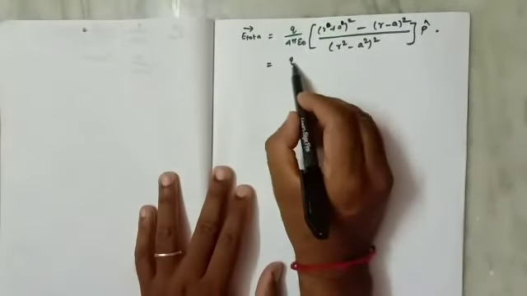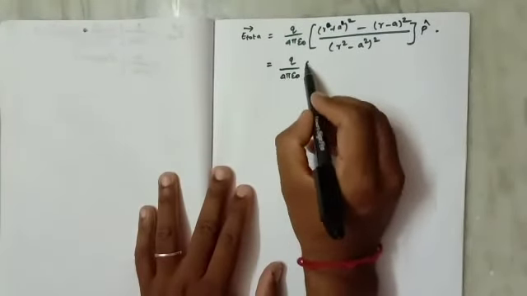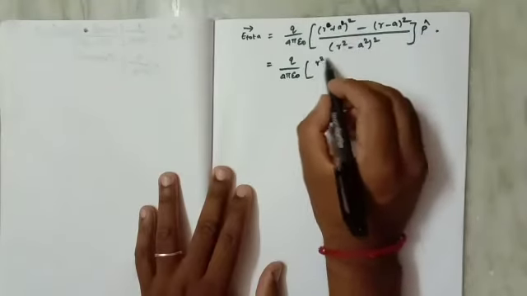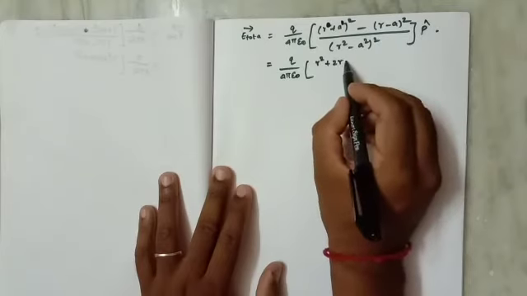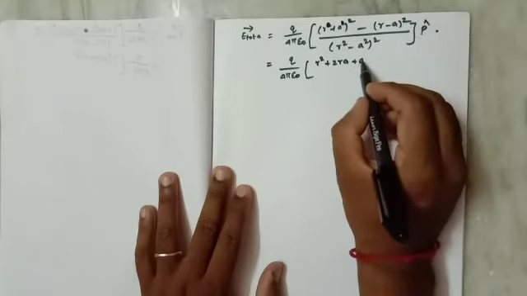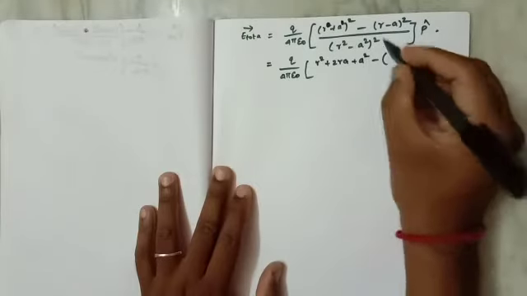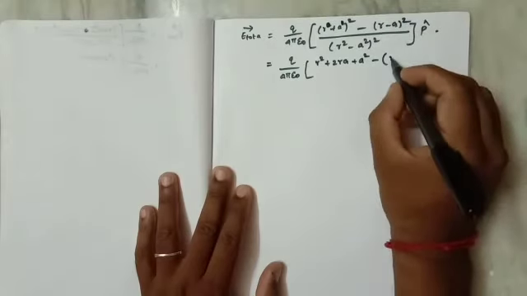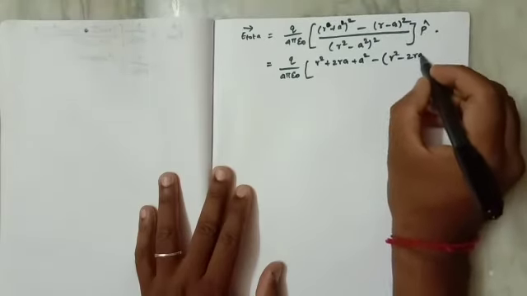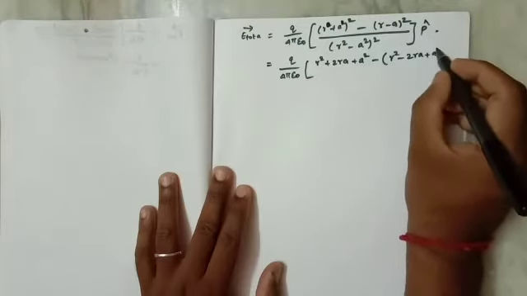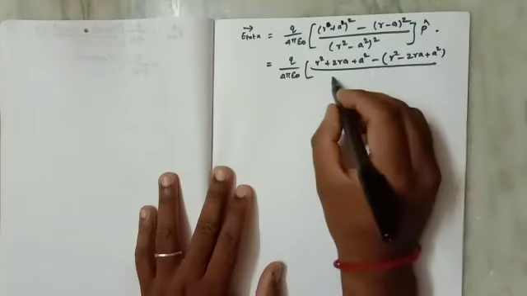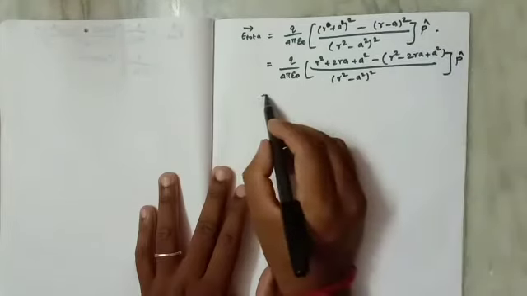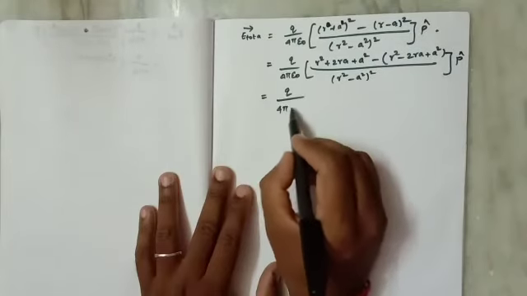Here (R plus A) whole square is in the form of (A plus B) whole square, which is A square plus 2AB plus B square, minus, and (R minus A) whole square is in the form of (A minus B) whole square. So R square minus 2RA plus A square, divided by (R square minus A square) whole square, P cap, is equal to Q divided by 4 pi epsilon naught.